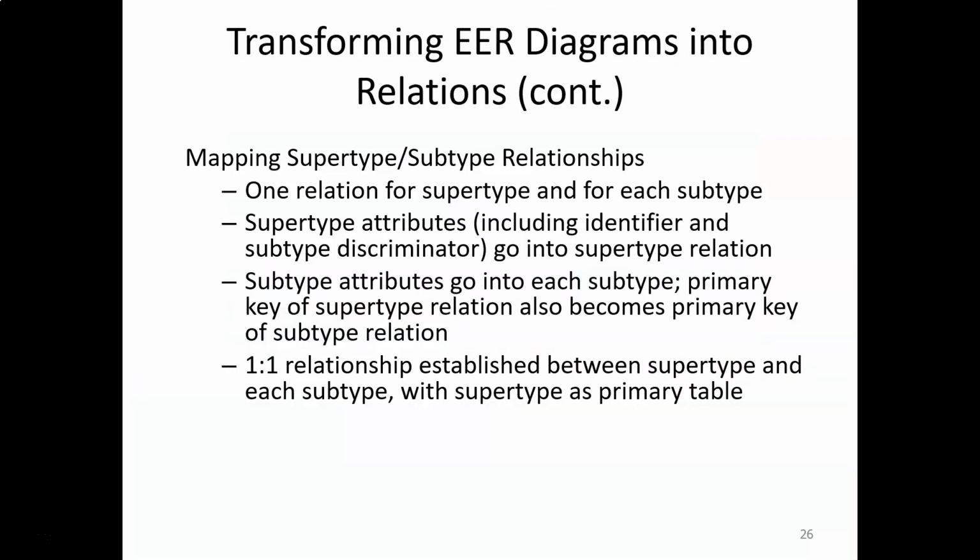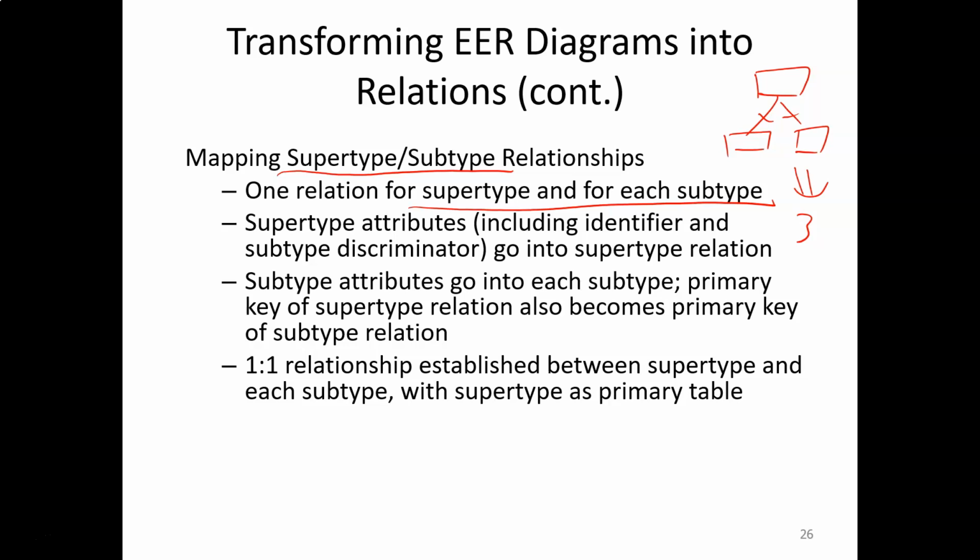The rules for dealing with supertypes and subtypes. One relation for supertype and for each subtype. So if you see one supertype and two subtypes, then you have three tables. And then the supertype attributes go into the supertype relation, and the subtype attributes will go into each subtype.